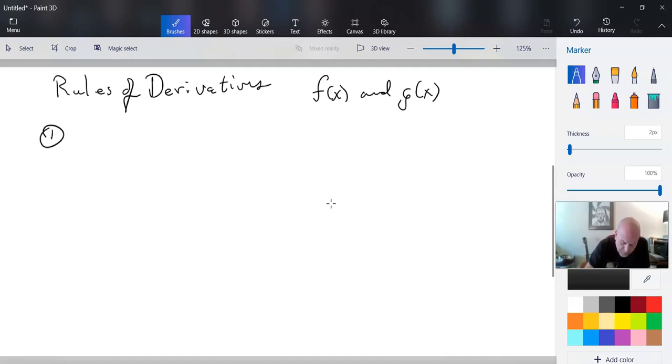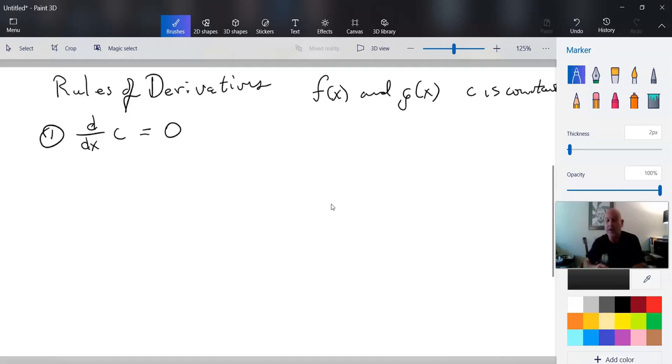First of all, there's a rule for a constant function, where c is a constant. If I take the derivative of a constant, I get 0. That makes total sense. A constant function is horizontal. What's the slope? The slope is 0. Well, there you go. Now I have the slope at every point. It's 0.